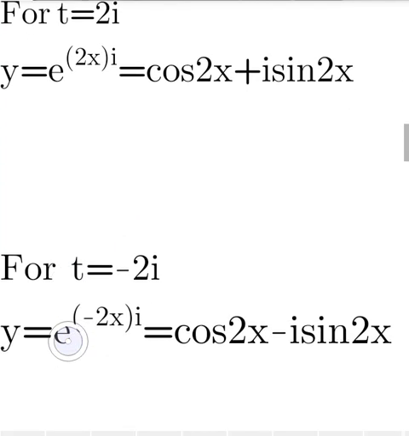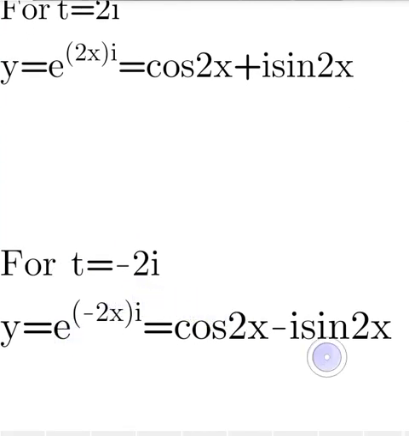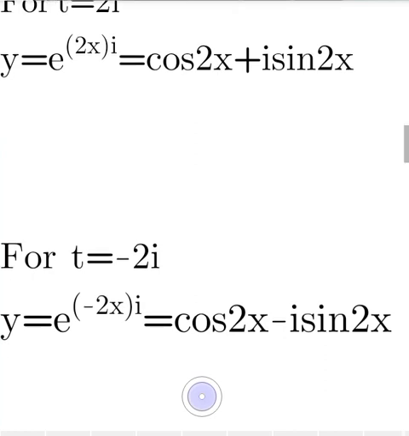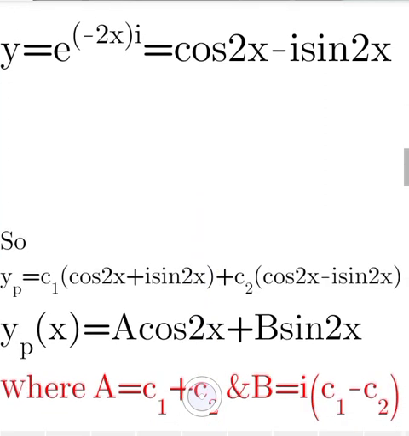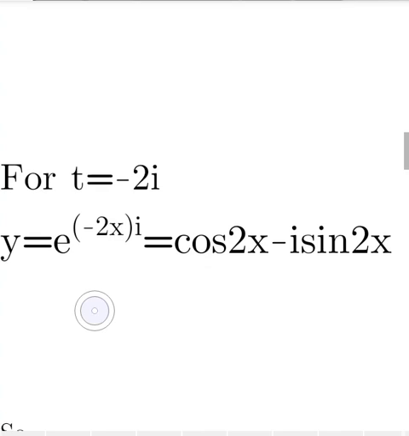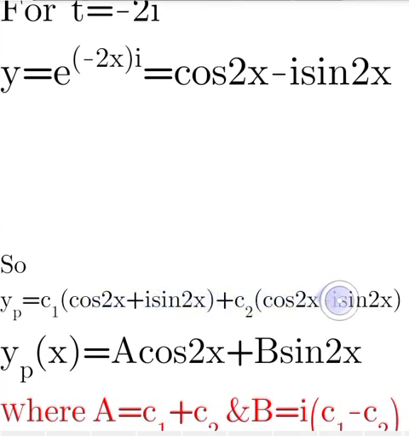What about when it's negative 2i? You'll have this. Meaning our homogeneous solution is c1 times the first y you had, plus c2 times the one we had last.